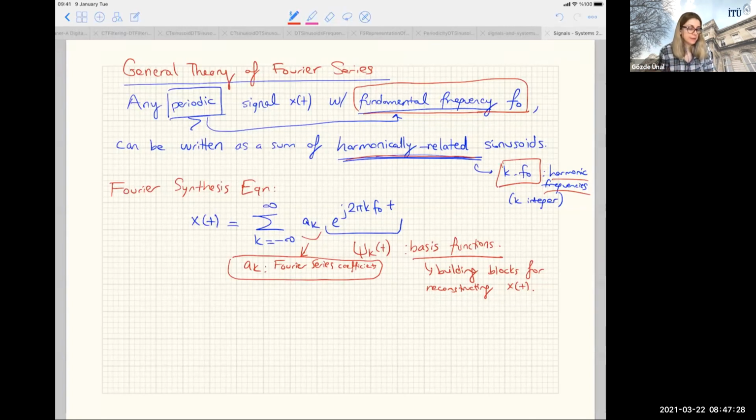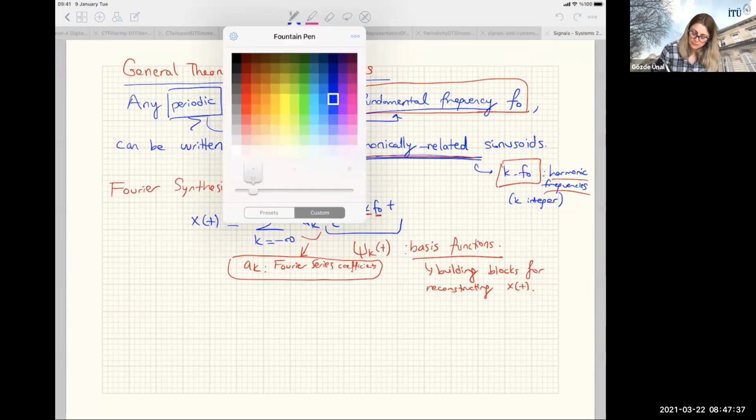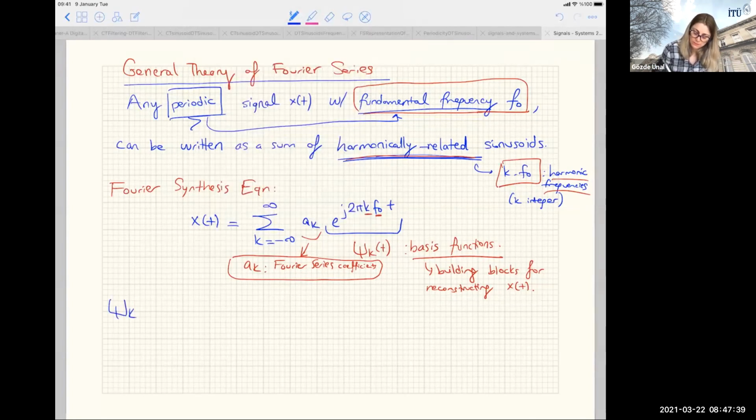Let's maybe move to blue. In our basis function, which is e to the j 2 pi k f0 t, you see k is the index.